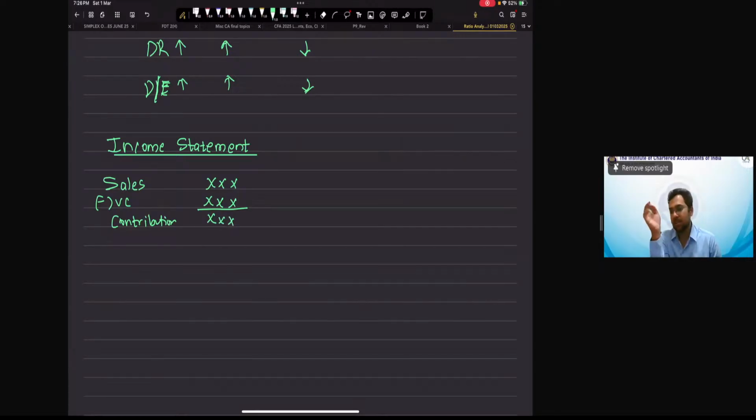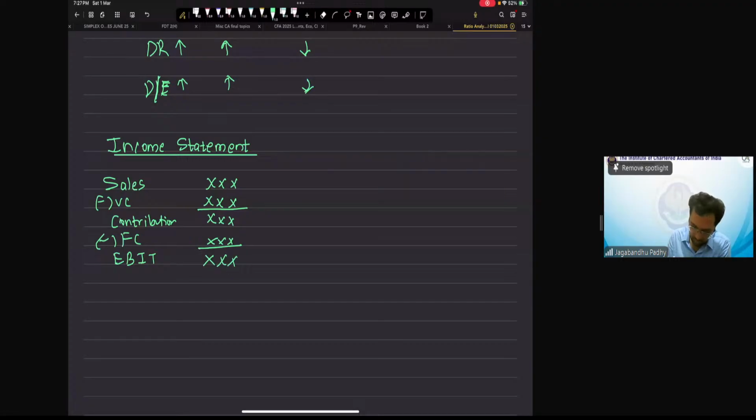Just like sales minus COGS gives you gross profit, same way when you subtract only the variable expense, you get contribution. From contribution, we subtract the fixed cost to arrive at earnings before interest and tax. Because remember, in this entire portion, we have taken only all operating things.